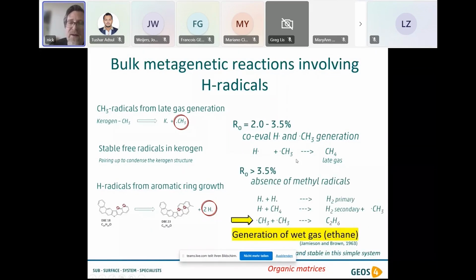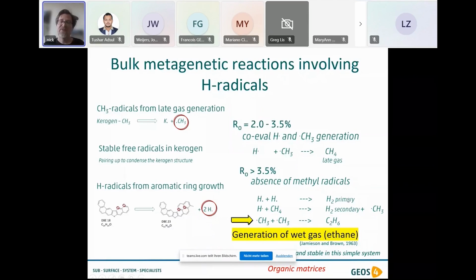Then at higher maturities exceeding 3.5% vitrinite reflectance, where no methane generation takes place anymore and the methyl radicals are absent, primary hydrogen is formed by the hydrogen radicals reacting with each other.